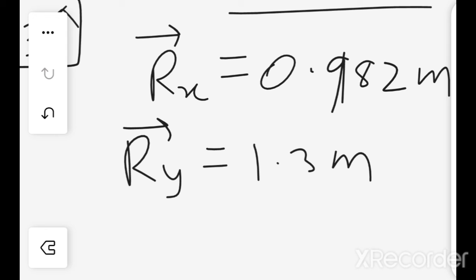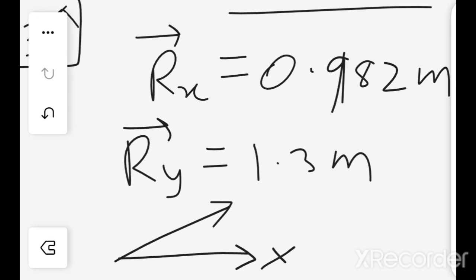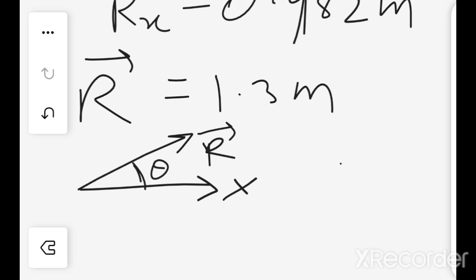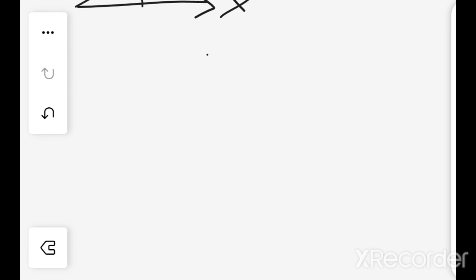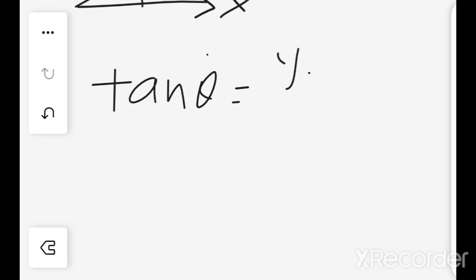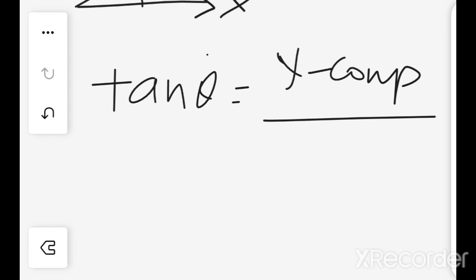And how can we find the angle between the x-axis and the resultant vector? Suppose this is the x-axis and this is our resultant vector. Okay, so how can we find that? We need to calculate the angle theta between the resultant and the x-axis. So we know the formula, tan theta equal to the y component of that vector upon the x component.